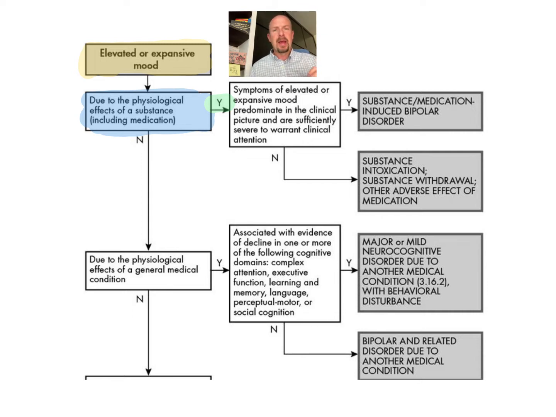So if we're finding that yes, there's a substance and the main issue is this elated, expansive, charismatic, uncharacteristic, overly friendly mood, self-importance, grandiosity, and it is the predominant clinical presentation, then we are looking at a diagnosis of substance or medication-induced bipolar disorder.